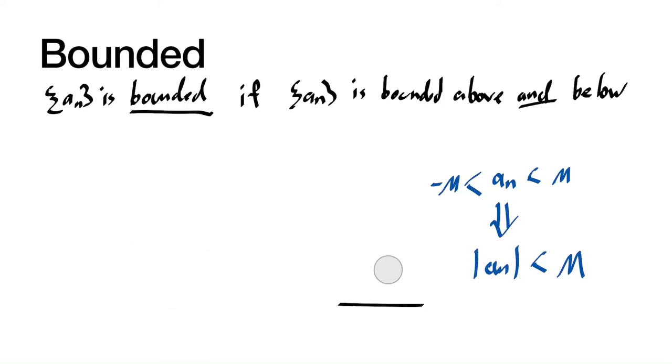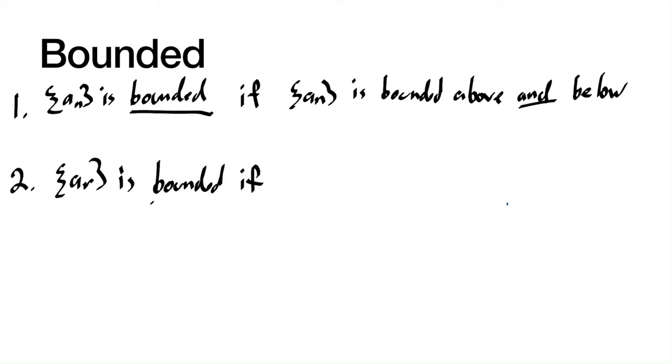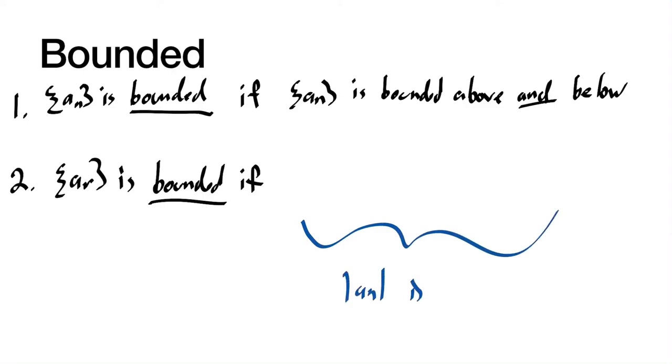So let's write down that second definition and see if we like it. So this could be our first definition, and a second possible definition would be that a_n is bounded if, and now let's think, what was our definition? We're saying if the absolute value of a_n is bounded.